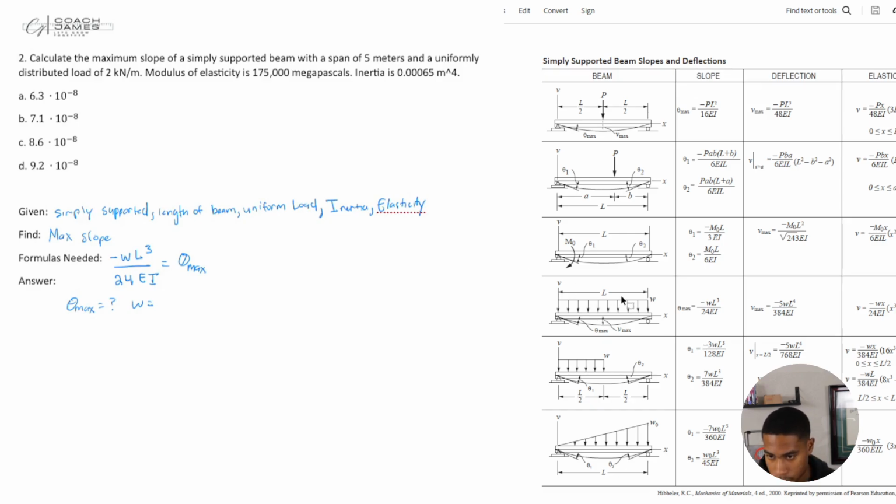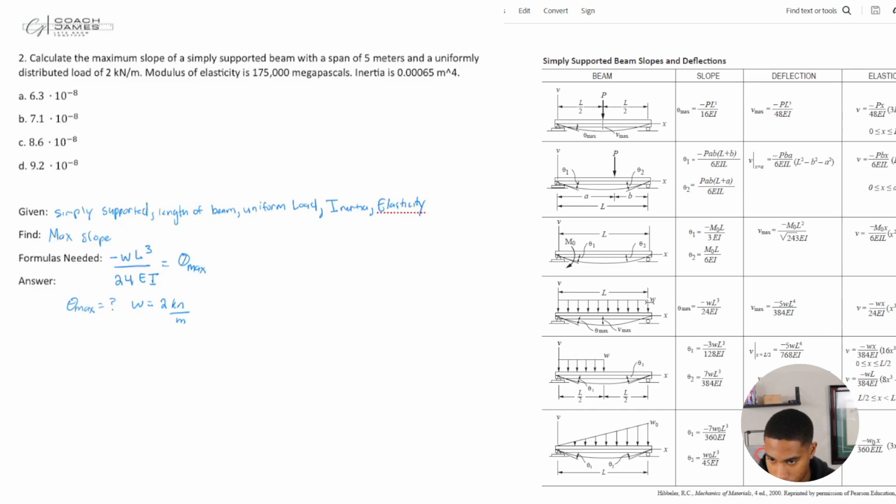So according to here, my W is going to be the distributed load. So it is equal to 2 kilonewtons per meter. So it's not the total of the distributed loads, it's the distributed load per meter, right?